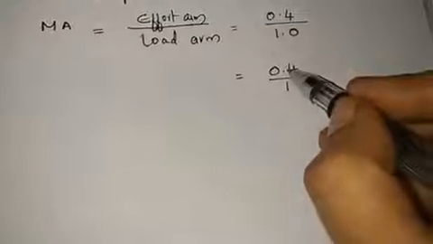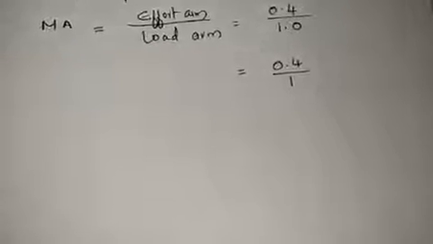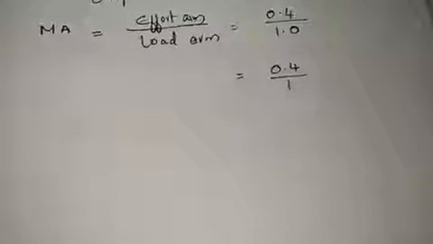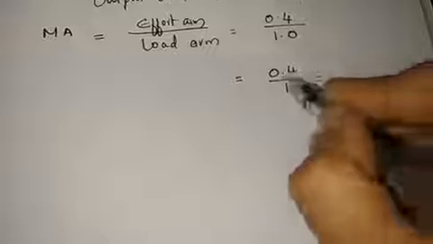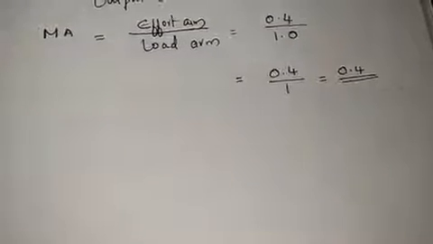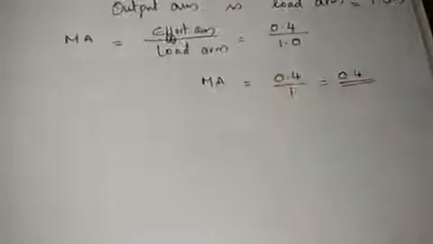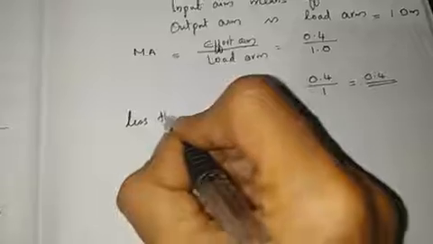So, any number divided with 1: 5 divided by 1, 5. 3 divided by 1, 3. Same way, 0.4 divided by 1, 0.4 itself. So, our MA or mechanical advantage is 0.4, which is less than 1.